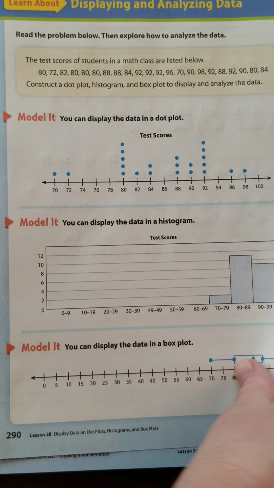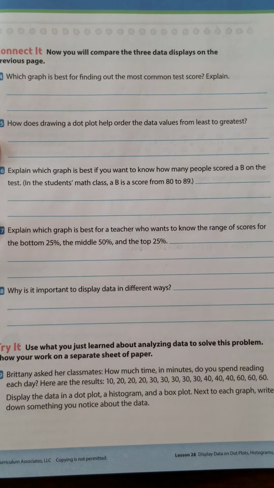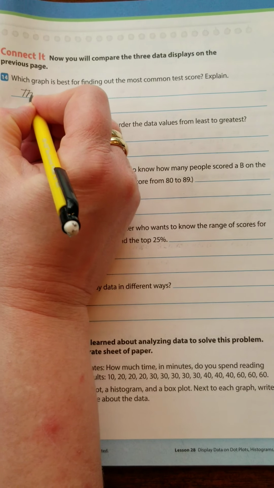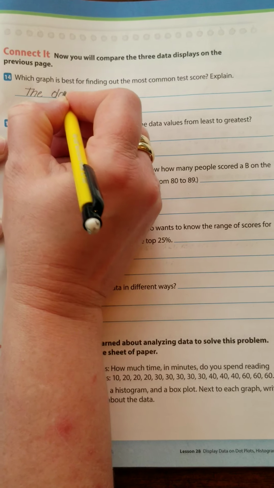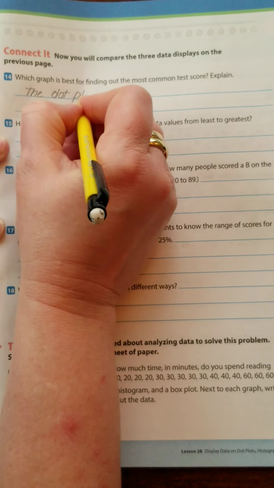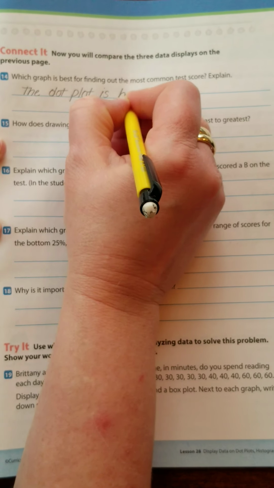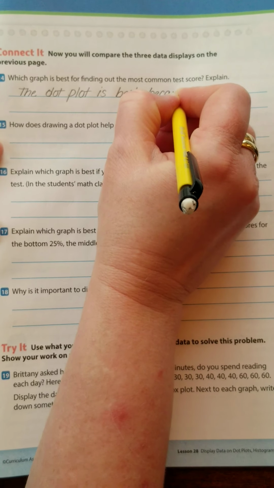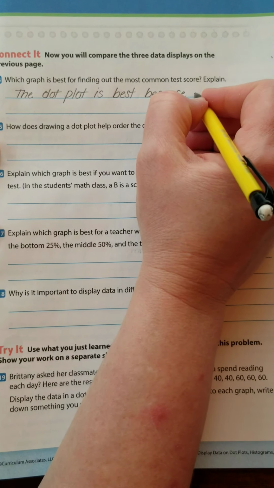Let's write our answer down. It was asking us which graph is best. We're going to say the dot plot is best because, why guys? That's right, you said it. We can easily see the peaks.